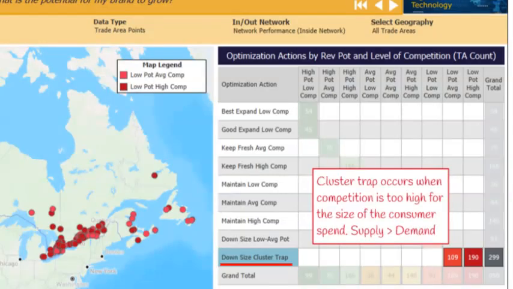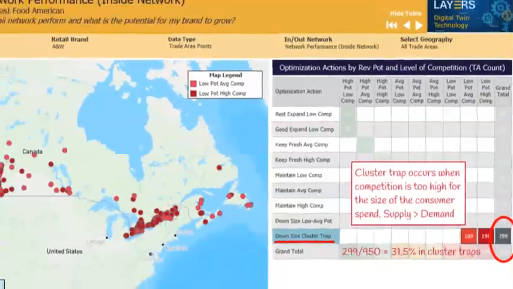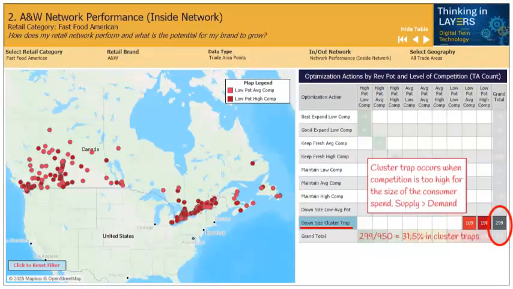A&W has almost one-third of their network in cluster traps, where high competition makes it difficult to grow the business, and yet it often doesn't make sense to close it either and give market share away. This is a large factor negatively affecting the profitability of the current A&W network, and the map shows it affects the network from coast to coast.